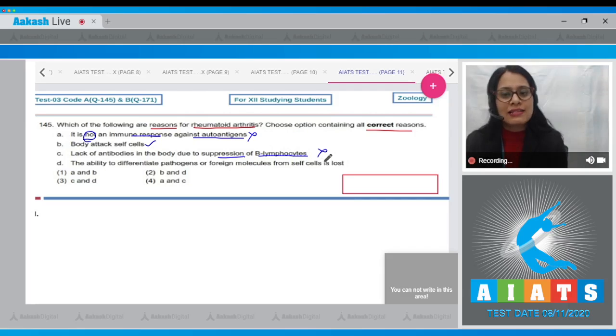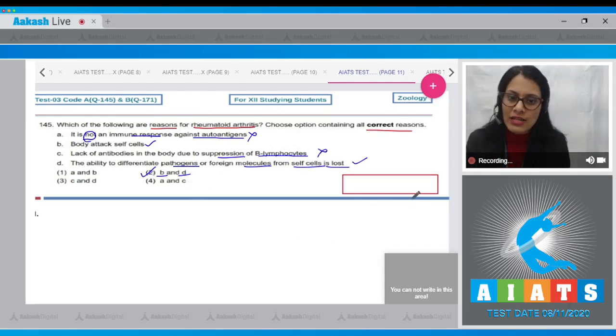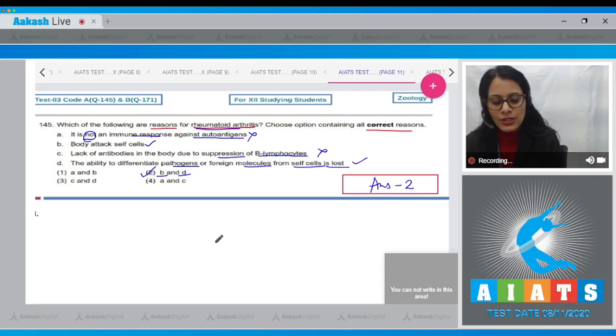So this statement is incorrect. The last statement says the ability to differentiate pathogens or foreign molecules from self cells is lost, and this is definitely a correct statement. So the correct answer for this question is option number 2, B and D are correct reasons for autoimmune disease, which is rheumatoid arthritis. So the correct answer to this question is option number 2. Let's proceed to the next question.